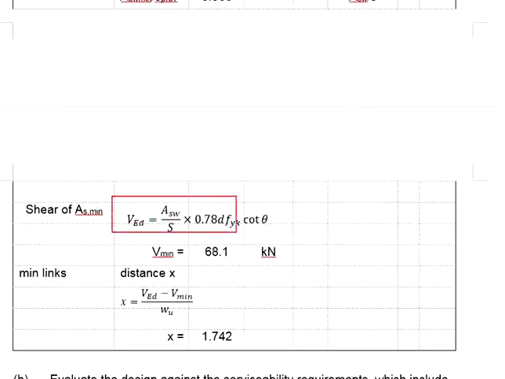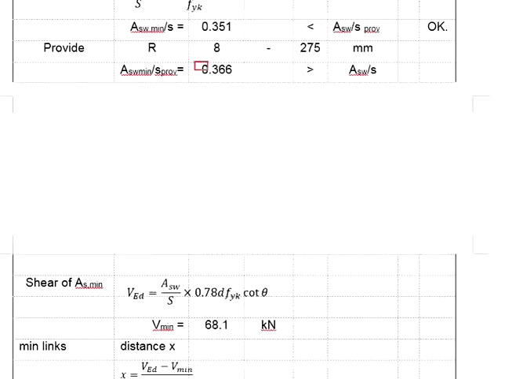We use these equations to determine the shear loads given by the respective amount of shear reinforcement. This Asw per s will be taken as 0.366, which is the minimum shear link that you have provided. The d is the effective depth 402, FYK 500, and the angle is 22 degrees. That gives you 68.1 kilonewton.